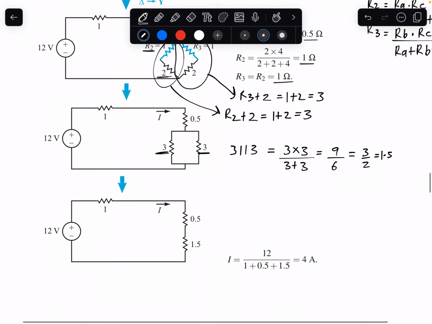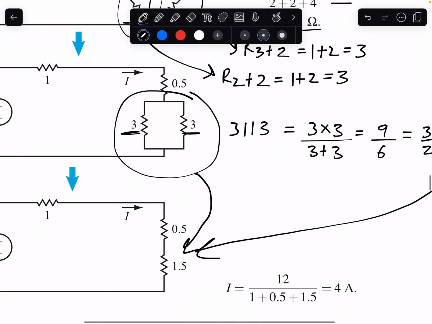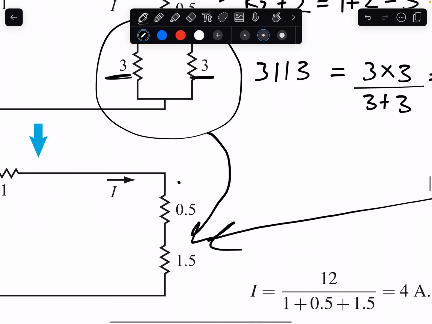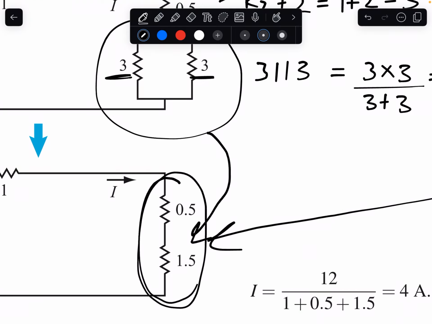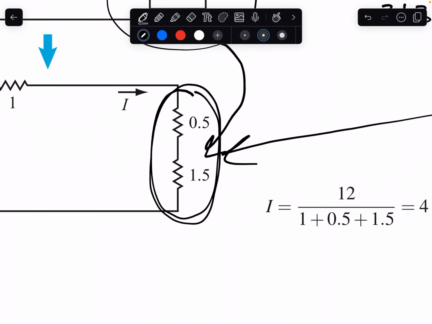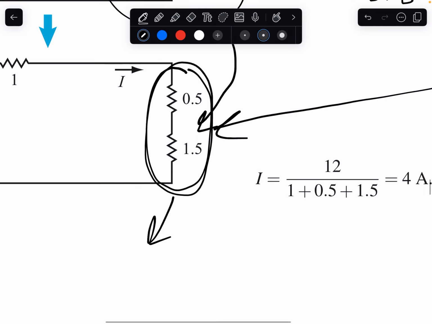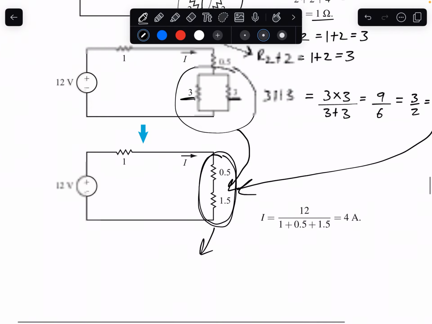So 1.5 is basically the equivalent resistance for this configuration right there. So that goes right here. And that simplifies our circuit even further, whereby now we just have a series configuration for this 0.5 and the 1.5.